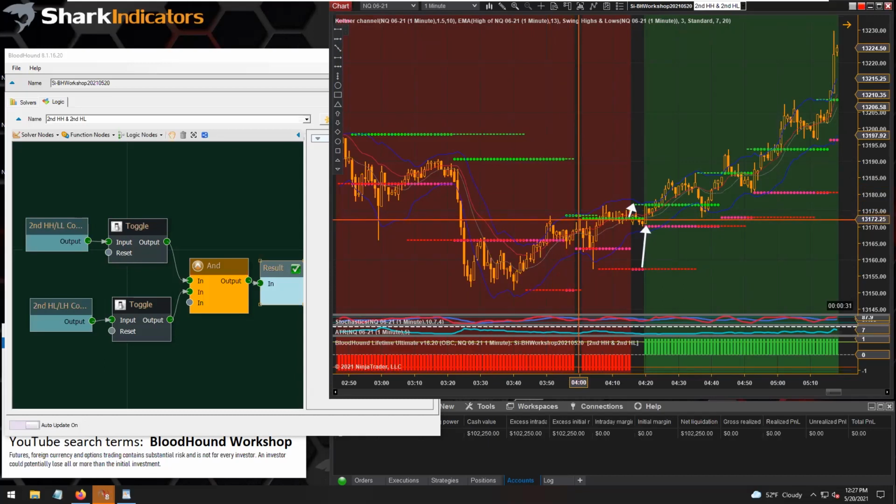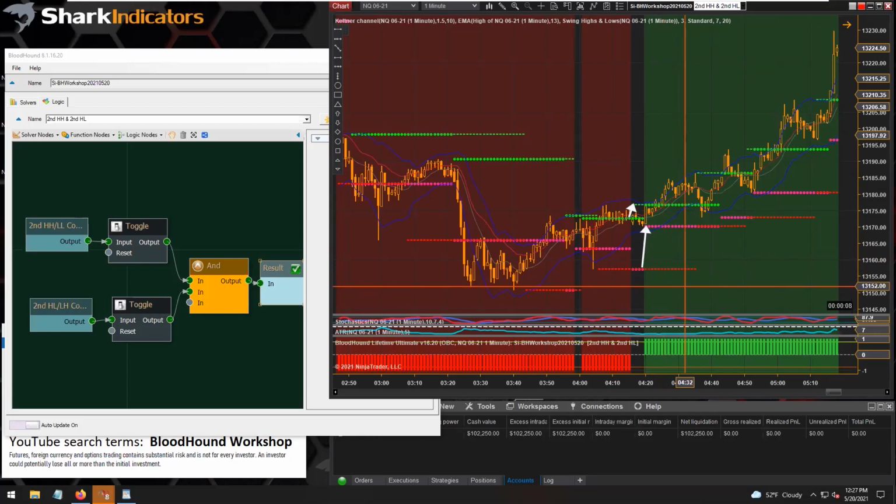So what happened? Oh, we had a higher low. That's what happened. We had a higher low and then we got a lower low. So our lows stepped up for a little bit and then the lows stepped back down.